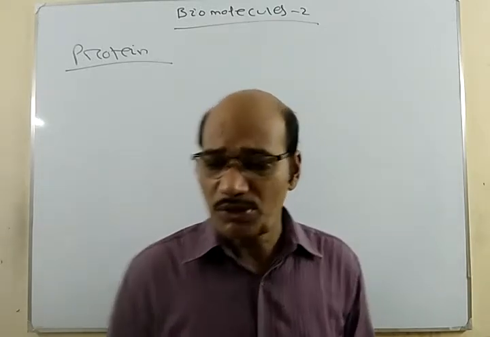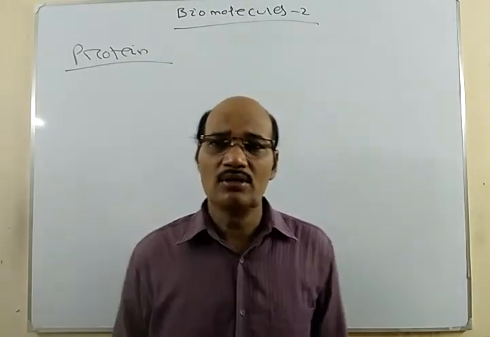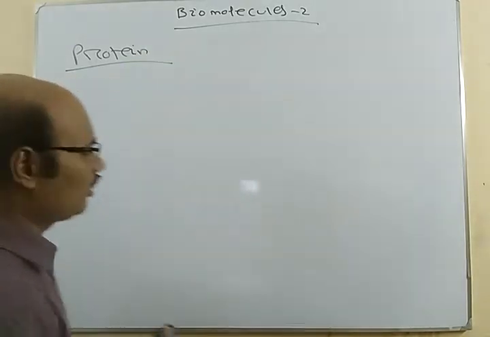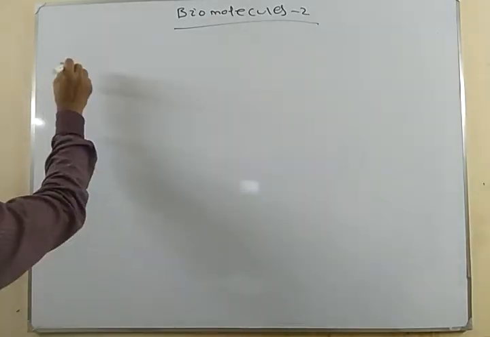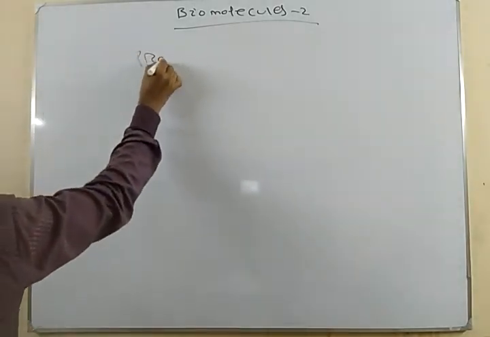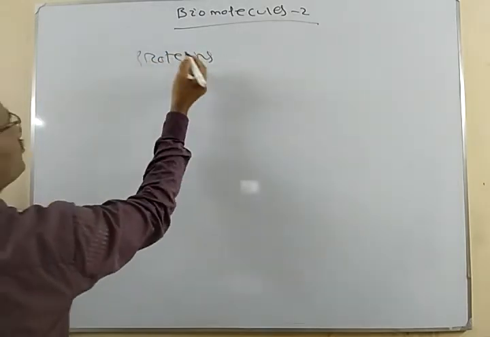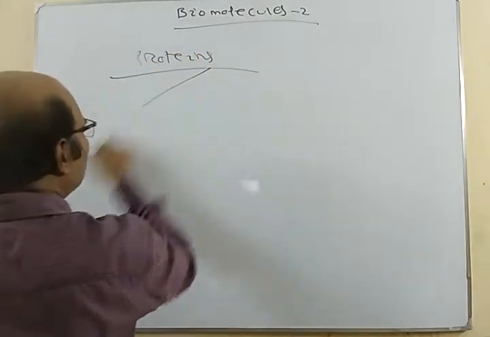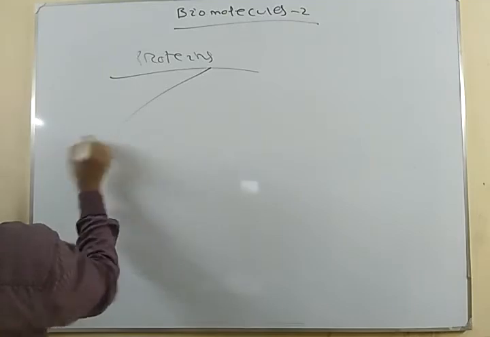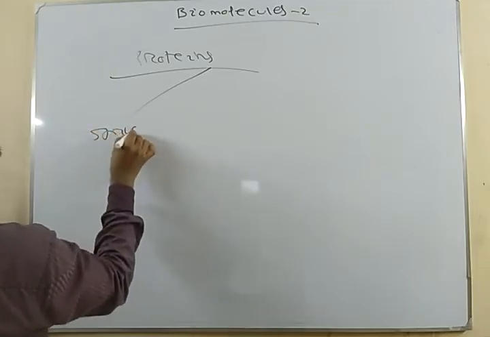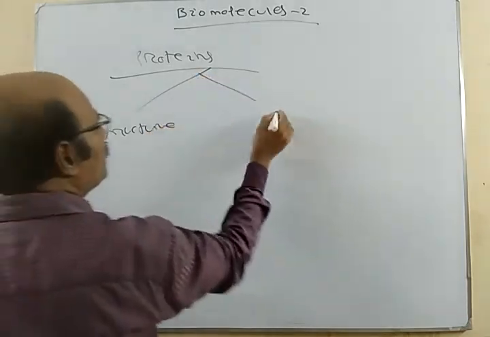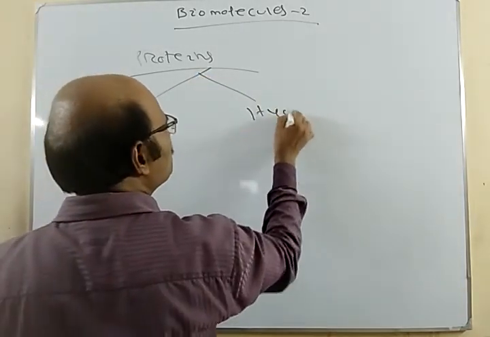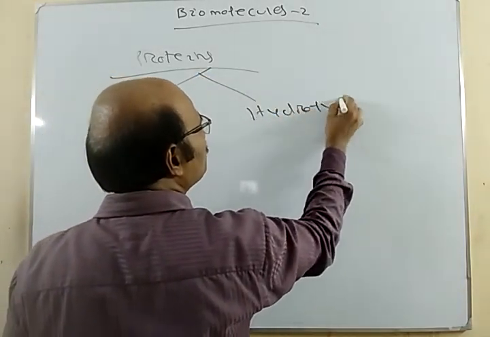So almost all forms of living matter contain protein. And these proteins can be classified under two heads. Proteins are classified on the basis of structure, and also on the basis of hydrolysis product.